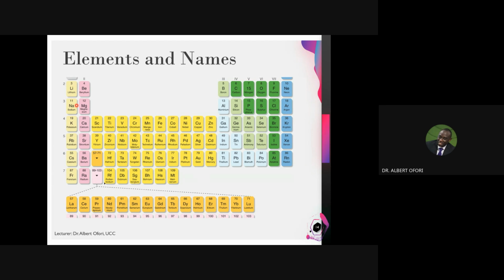And so if I want to be adding on an electron, then I need more energy once I'm going across the group. Do you follow that? What it means is that the tendency or the energy required for this element to add on an electron will be higher than adding on an electron to this one.